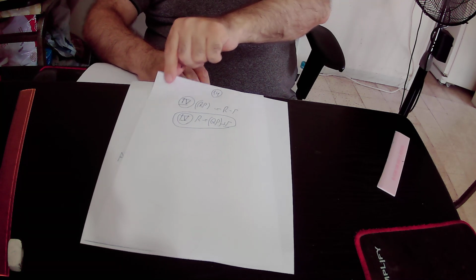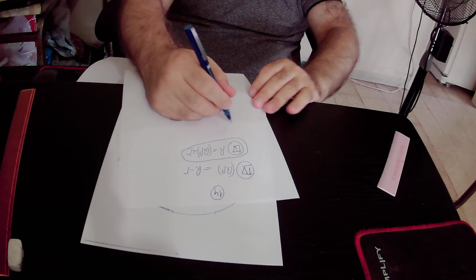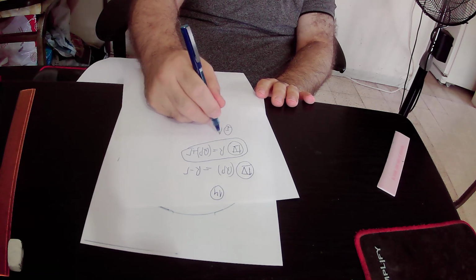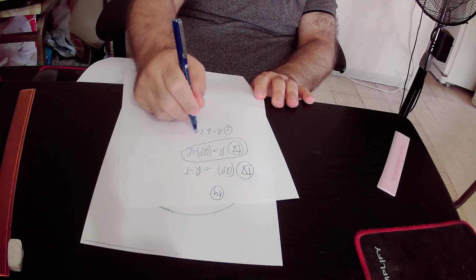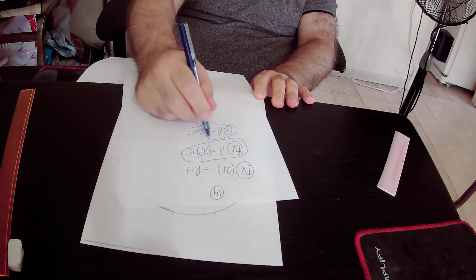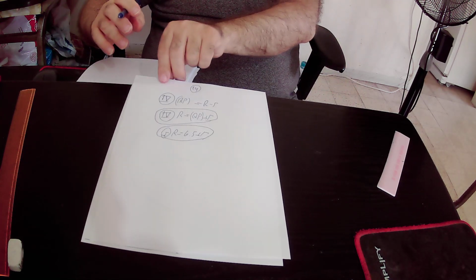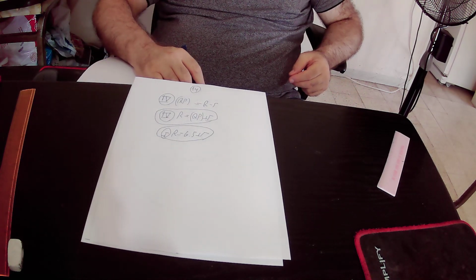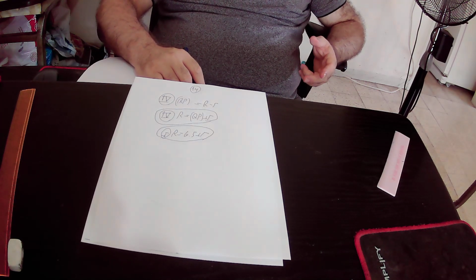And we have already found out in equation number 1 that capital R equals 6.5 plus small r. We have two equations for the same radius.